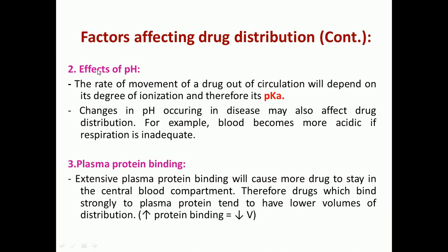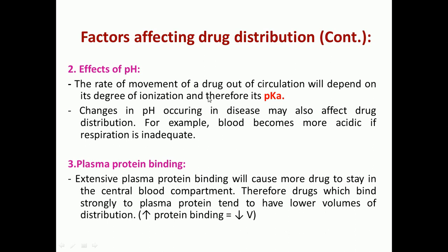So, the effect of pH. I have highlighted this pKa. What is pKa? If you remember, we discussed in absorption, it is the pH of the medium at which 50% of the drug will be in ionized form and 50% will be in unionized form. So obviously pH will cause a significant difference in distribution of the drug.